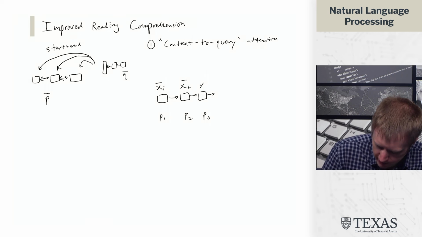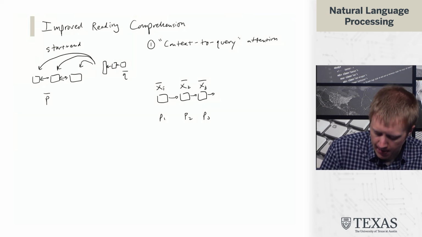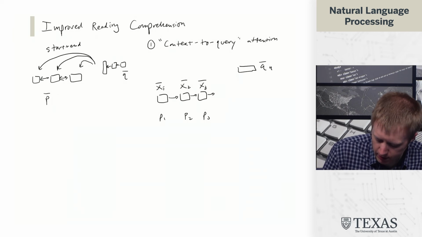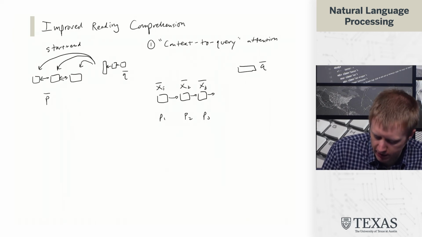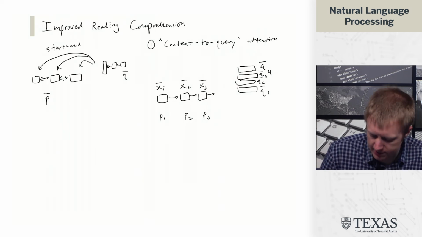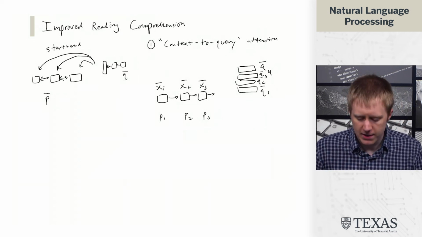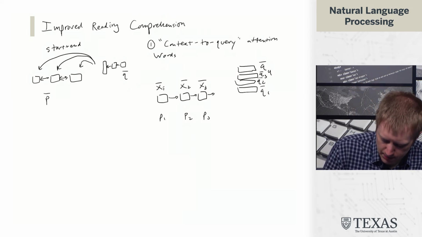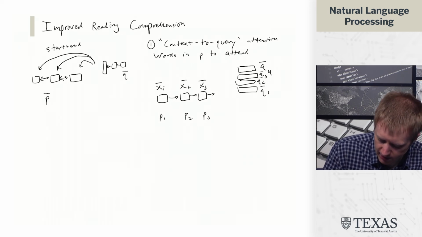So we have x1, x2, x3, etc. And then we have the tokens in the question, which we are now going to actually look inside the question LSTM for. So we get these Q vectors like this. And the idea is that we want words in P to attend to Q.